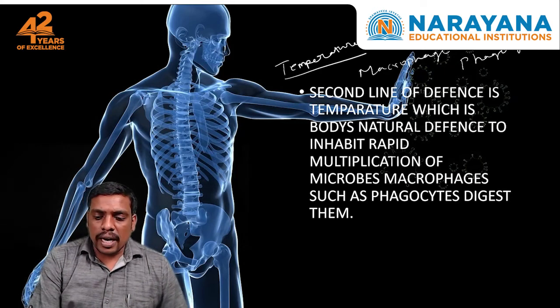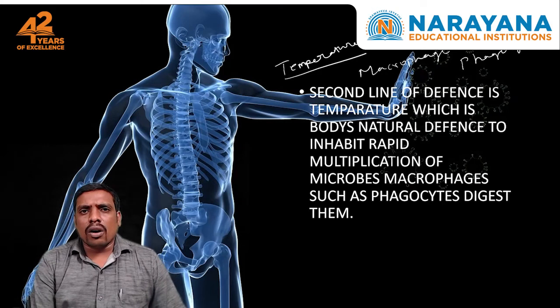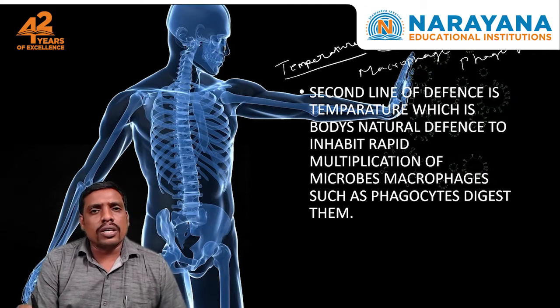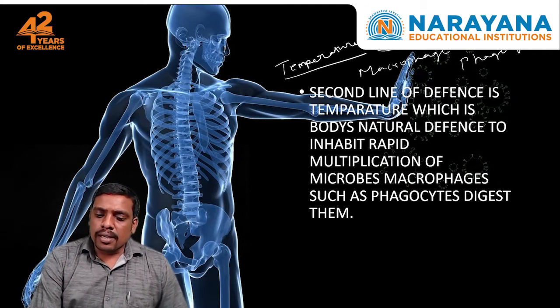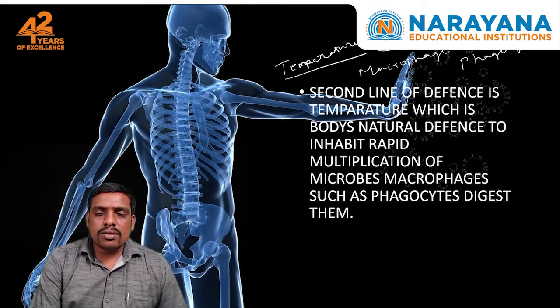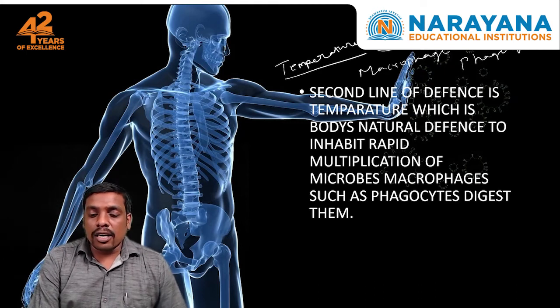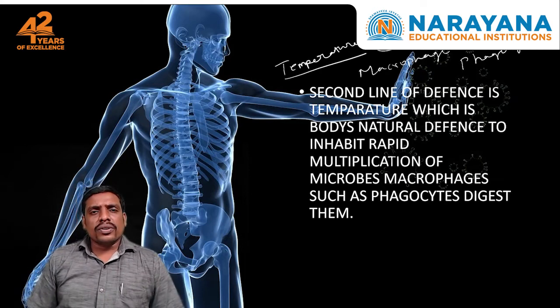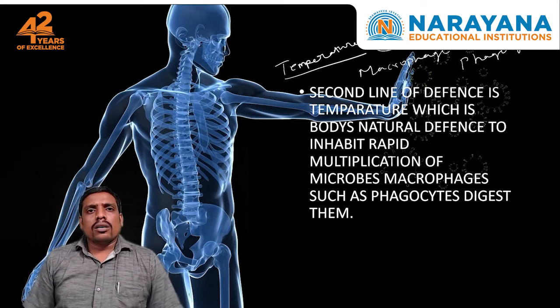Here, if you see the bacteria on the screen, when it reaches the macrophages, or when macrophages reach the bacteria, immediately these phagocytes engulf this bacteria. When the macrophages engulf the bacteria, they are killed inside the macrophages.